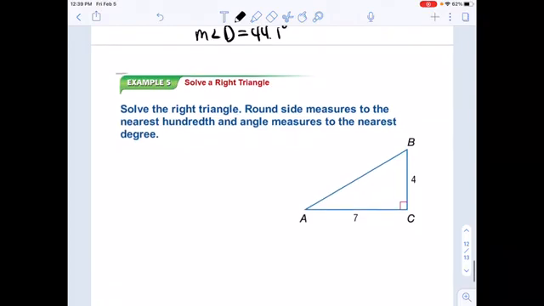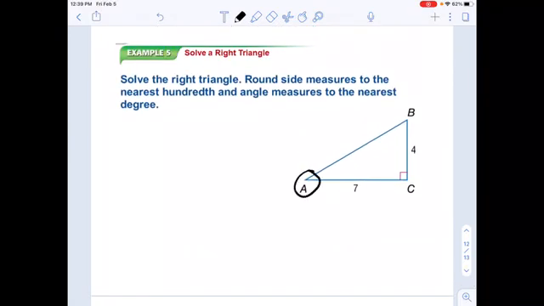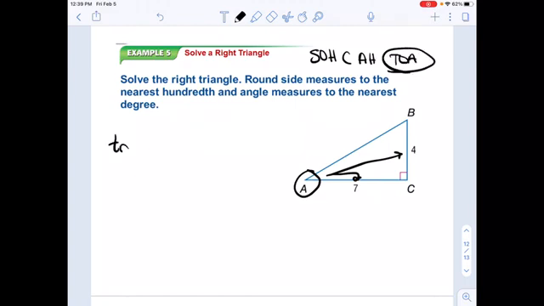Okay? Solve the right triangle, round side measures to the nearest hundredth, and angle measures to the nearest tenth degree. So we want to find angle A. Why don't we just start there? We have opposite and adjacent given to us, so with SOHCAHTOA, we know we need to use the tangent.